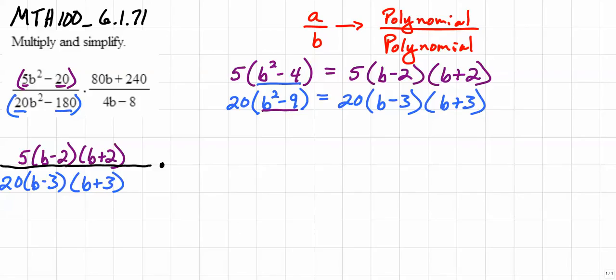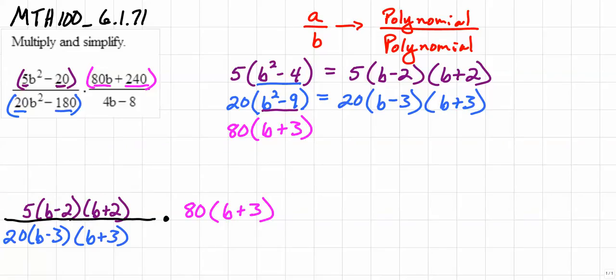Next, we're going to move on to the numerator in this rational expression, and notice that we can go ahead and factor 80 out of both of these, and in doing so we will now have 80 times b plus 3. There's no further simplification for this one, so I'll just simply write this as 80 times b plus 3.